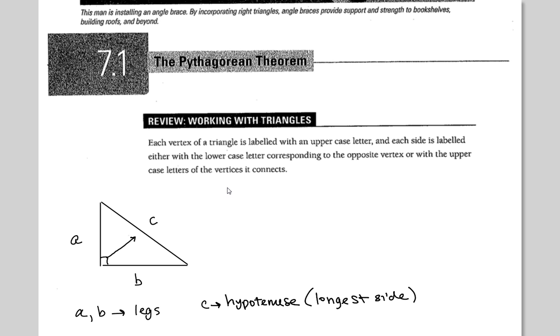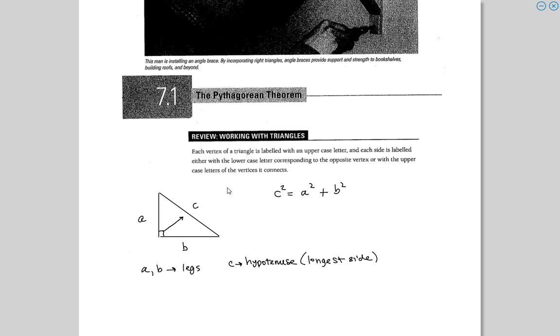Now, the relationship that exists, which is very famous, is given as c squared equals a squared plus b squared. And all it says is that if you make a square of length a and add it to a square of length b, if you add them up, you will get the square of length c. That's what that looks like.